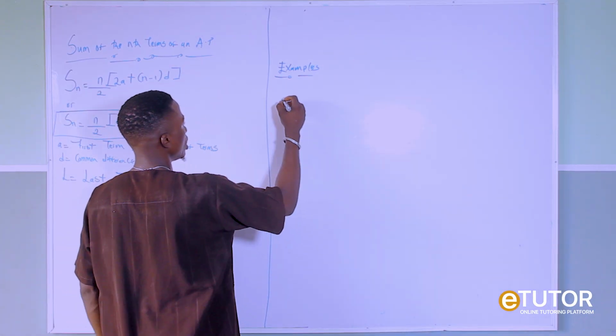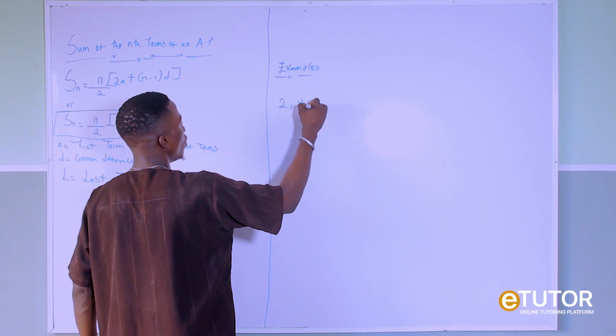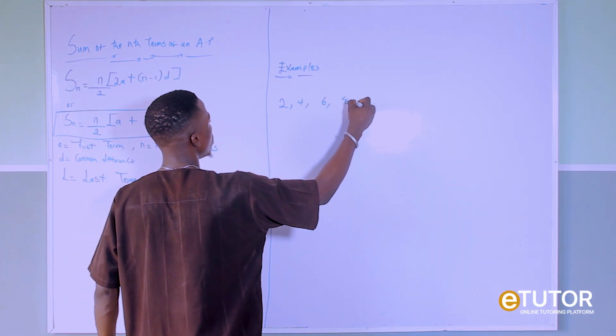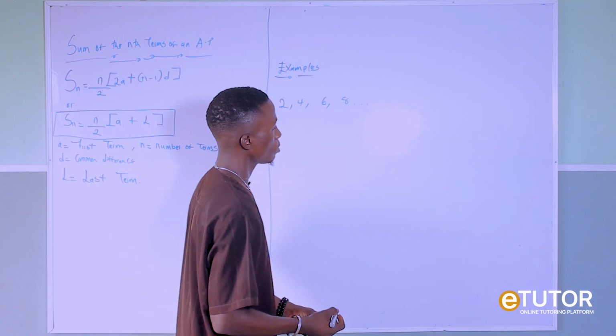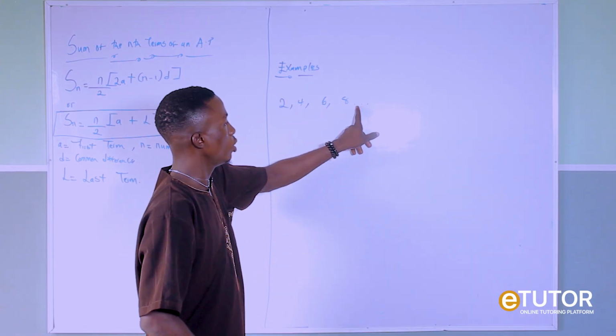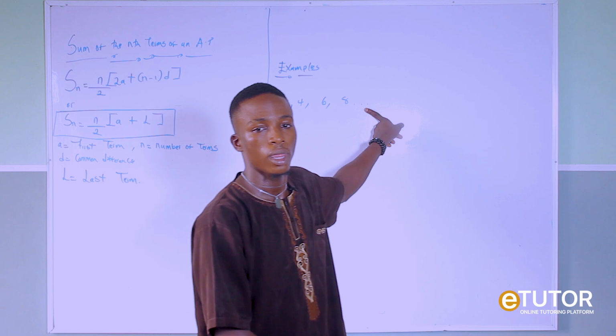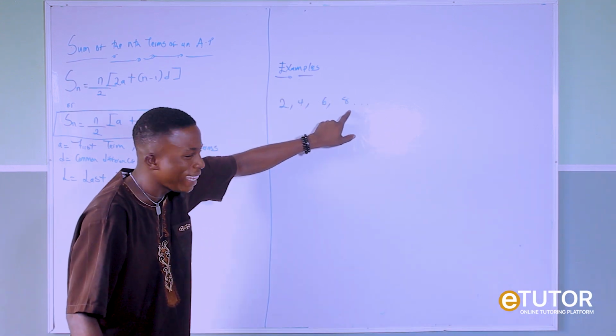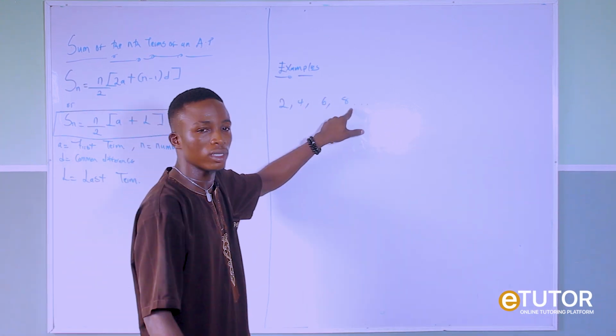So let's say we have something like this. Let's say we have 2, 4, 6, 8, ... Remember, these 3 dots signify continuity. That means this is not the end. This is not the last term in this sequence.